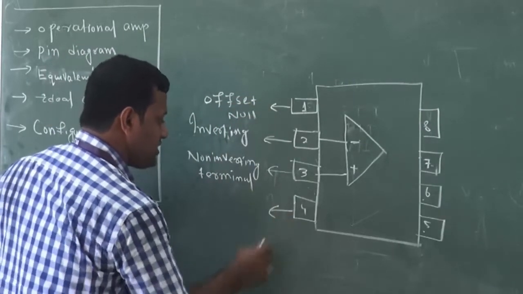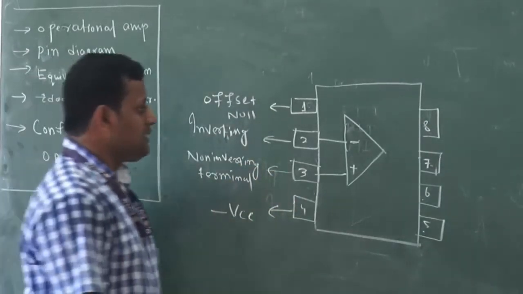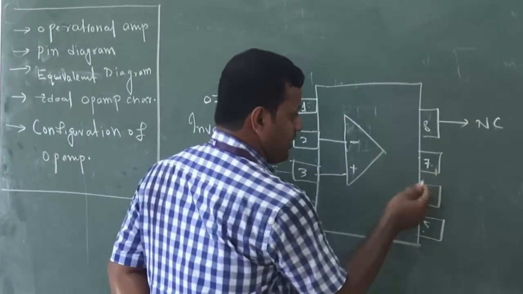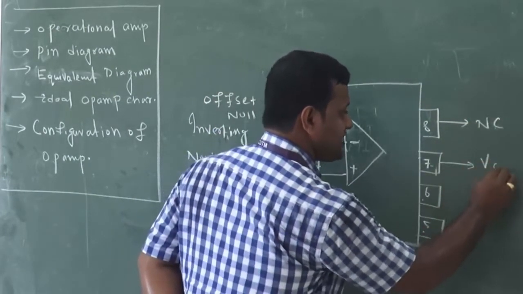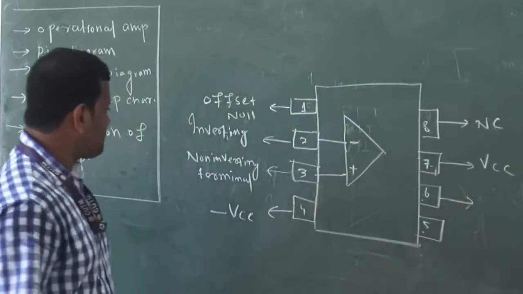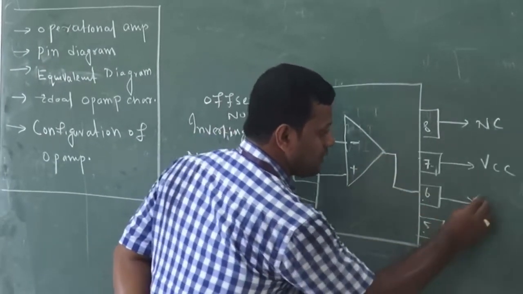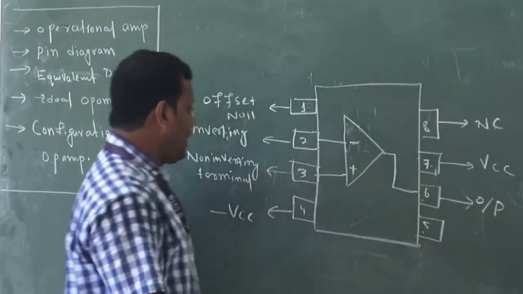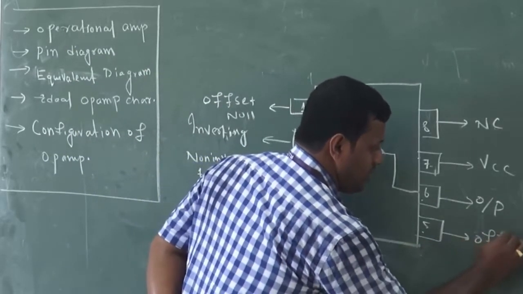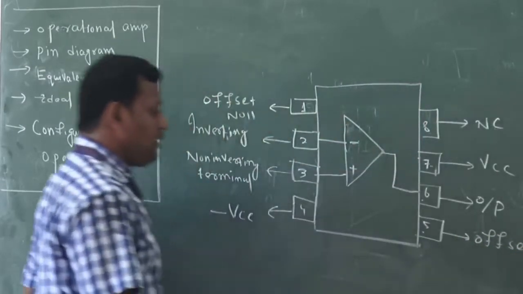The 4th pin is for minus VCC. Similarly, 8 is for no connection, 7 is for VCC, 6 is the output, and 5 again is offset null.